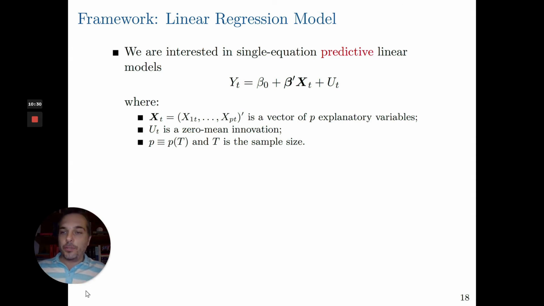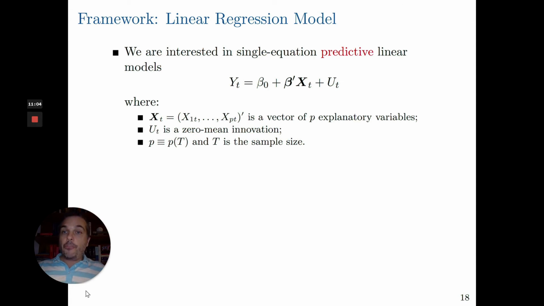But why are we assuming this? Because we want to develop statistical techniques that work when the number of variables is large compared to the sample size. Okay? And traditional statistical analysis is based on asymptotics. Usually you try to find what are the properties of your estimators, of your models, when the sample size grows.